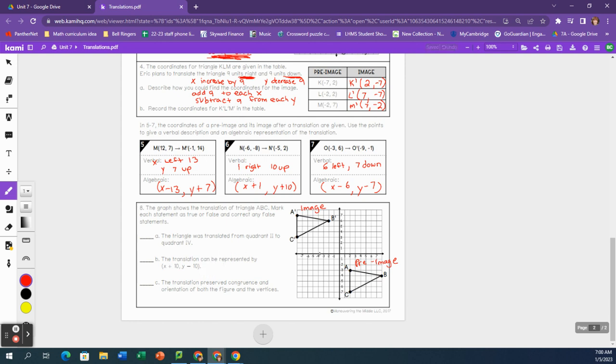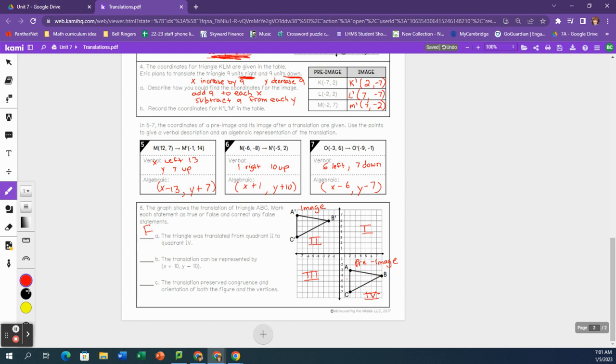The triangle was translated. Oh, let's remember our quadrants. 1, 2, 3, 4. The triangle was translated from quadrant 2 to quadrant 4. No, that is false. And that's false because it was actually translated from 4 to 2.